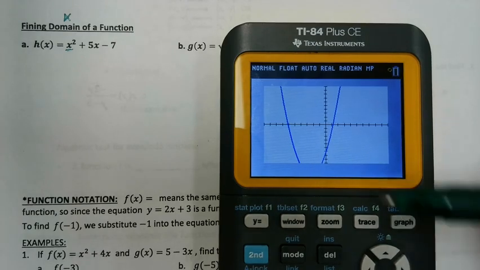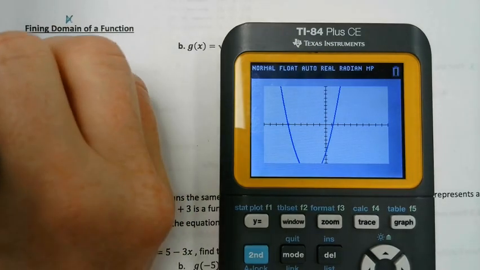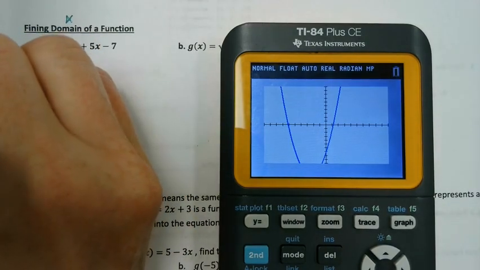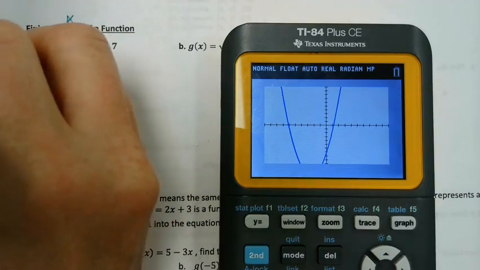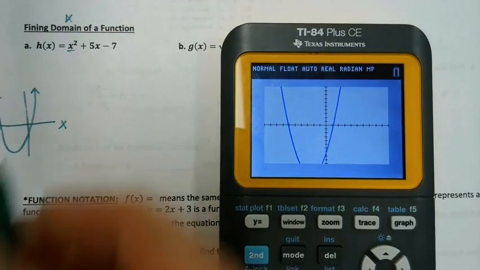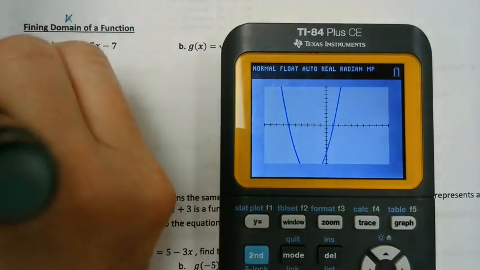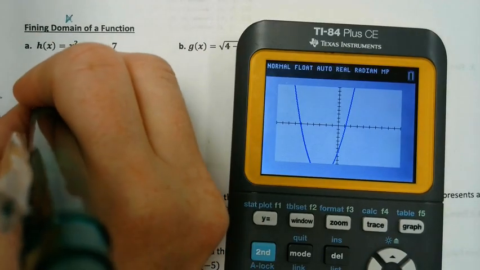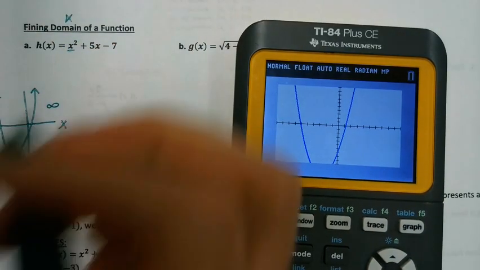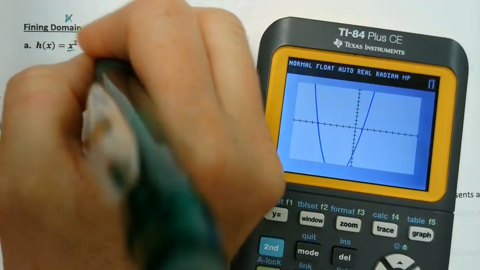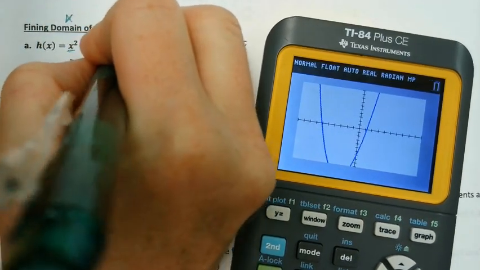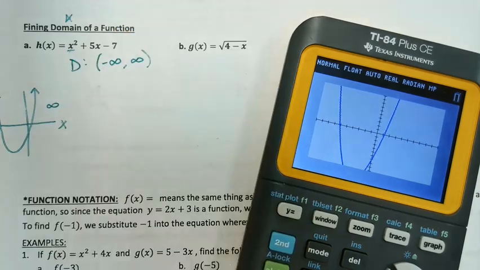Okay, so it is just a regular quadratic, like this. So if we're talking about x values, it goes from negative infinity on the left to positive infinity on the right. It's going to go on and on forever. So our domain, I'm going to do these as interval notation, is negative infinity to positive infinity.